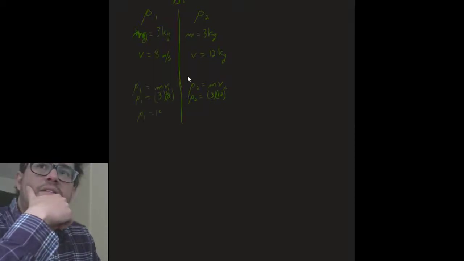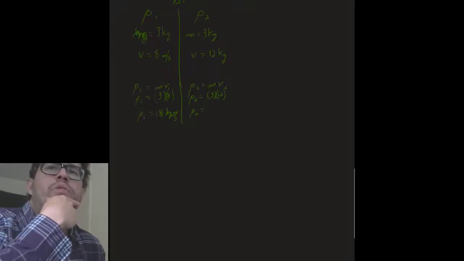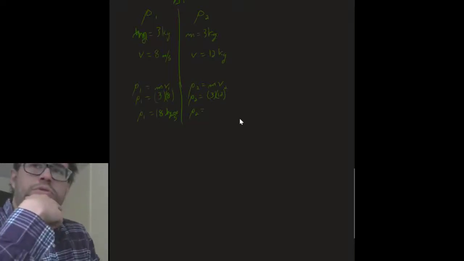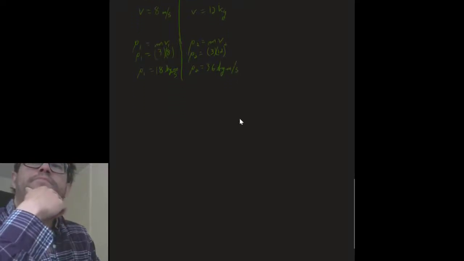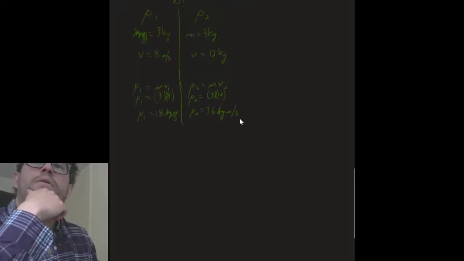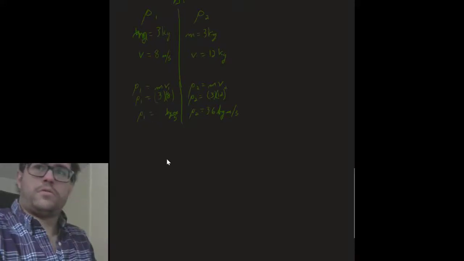Momentum 1 is 24 kilogram meter per second. Momentum 2 is 3 times 12, 36 kilogram meter per second. Confused. This is a 24. I blame my headache. 24.